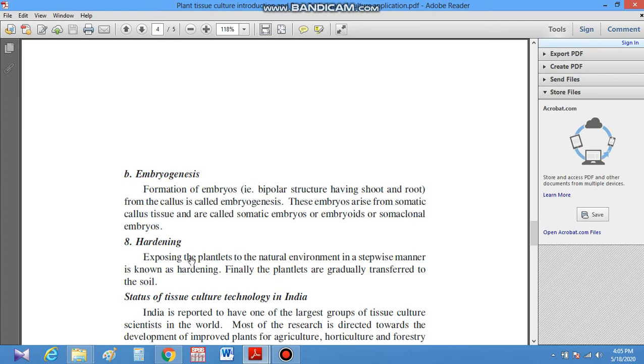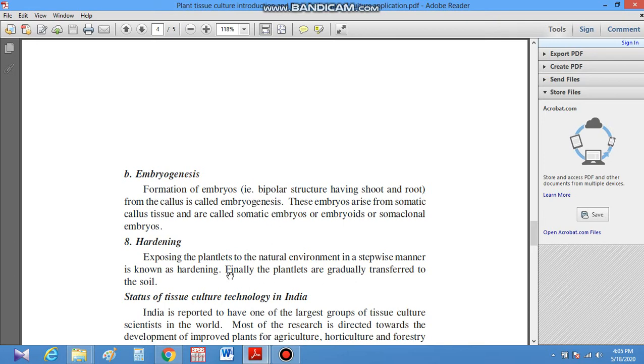So we harden the plantlets by giving them graded concentrations of nutrient, from dilute to concentrated, up to the level of the soil. Then finally the plantlets are gradually transferred to the soil.